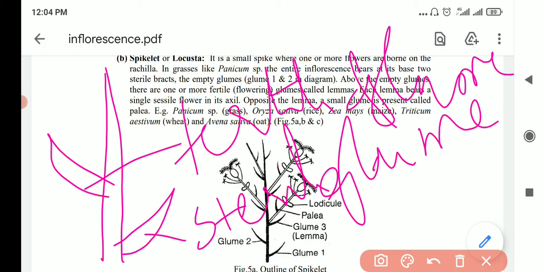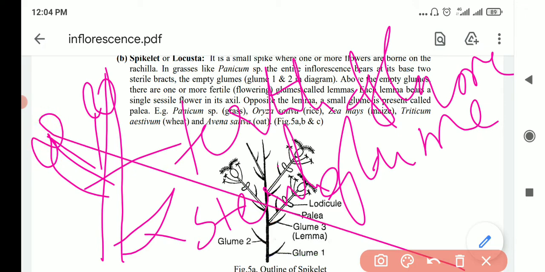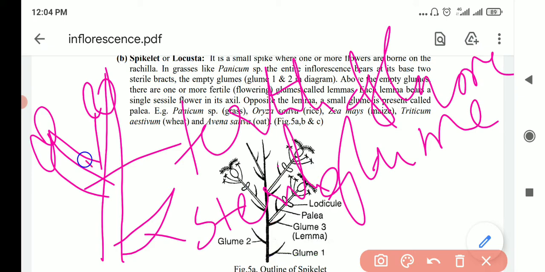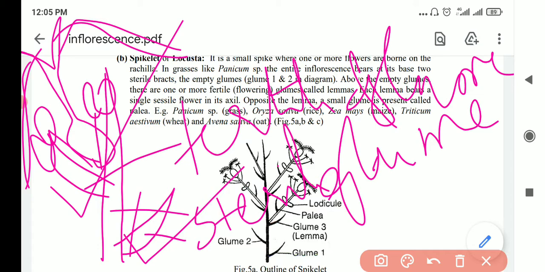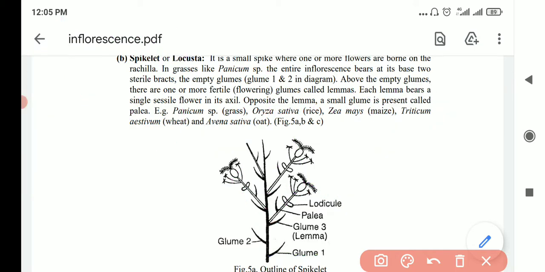Because on this glume you will have your male stamens, this is the male. Forgive the drawing, because I'm just using my finger. Then you will have the female stigma and style, make it very long. So this is the sterile glume, because there's nothing here, and this is the fertile glume because the male and female are born. Now you have another structure called palea, another structure known as lodicule.